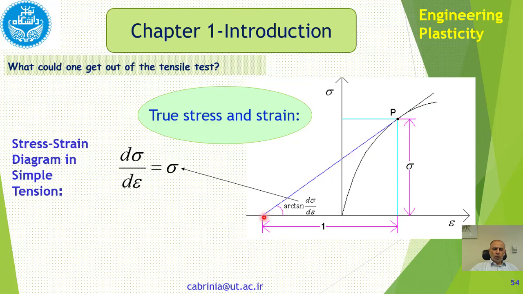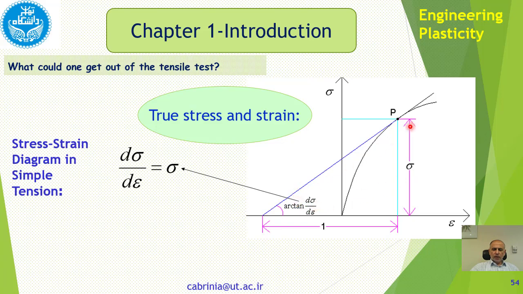If you make a tangent at this curve so that its intercept with the epsilon axis is such that from here to there is equal to unity, then this will be sigma, and the tangent, arc tangent, d sigma d epsilon is equal to sigma.